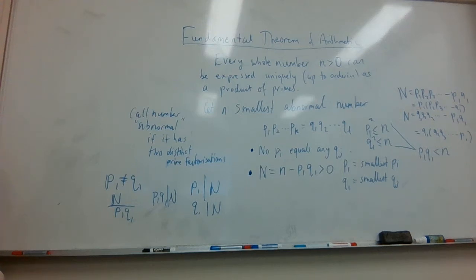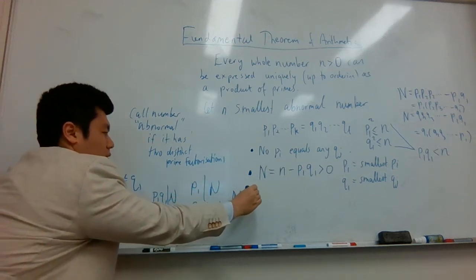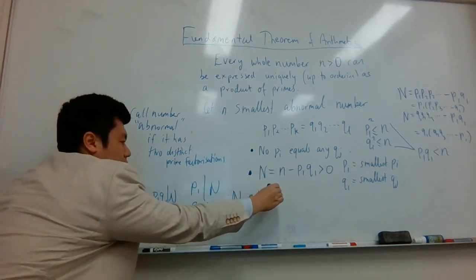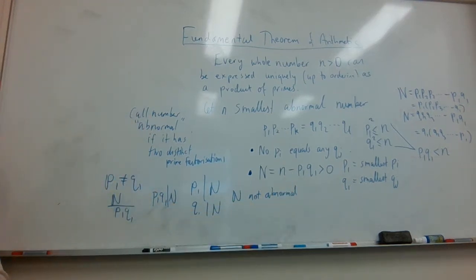So we're assuming that big N is not an abnormal number, because n is the smallest abnormal number and we're subtracting something from it.